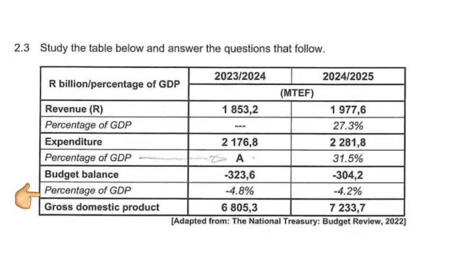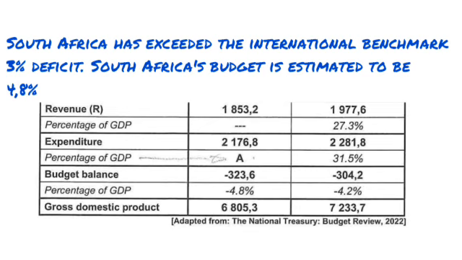According to our budget speech, the international deficit benchmark is 3%. So what this question is asking is, we also have a deficit as South Africa, but is our deficit according to the standards of other countries, or is it too much? South Africa has exceeded the international benchmark of a 3% deficit, because if it's the international one, it means most countries, when they say they're doing badly, have a 3% deficit.